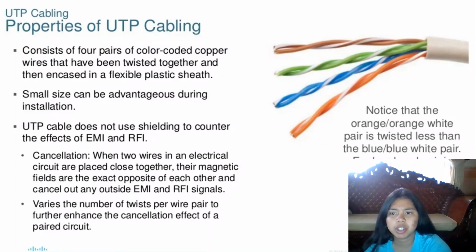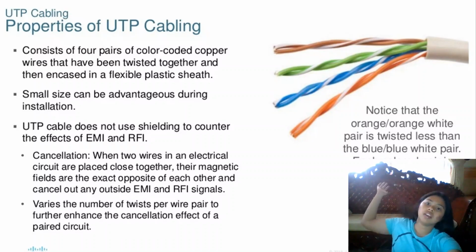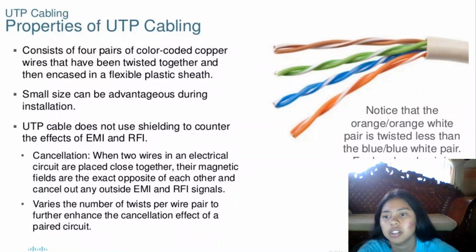Properties of UTP cable: it consists of four pairs of color-coded copper wires that have been twisted together and then encased in a flexible plastic sheath. A small size can be advantageous during installation.